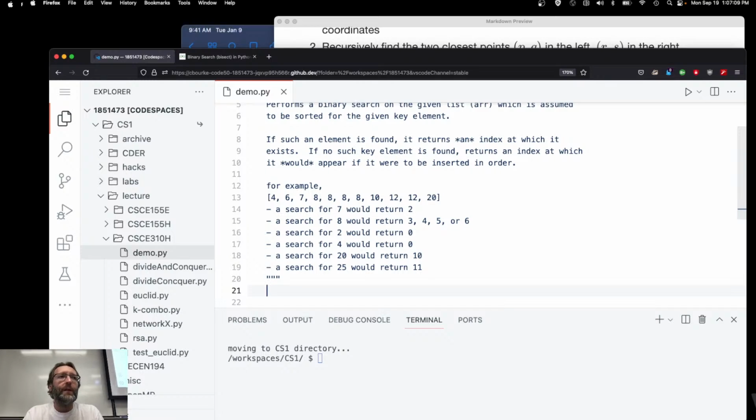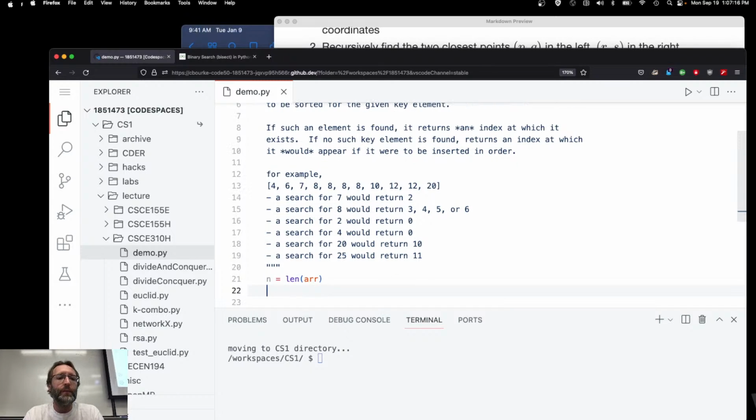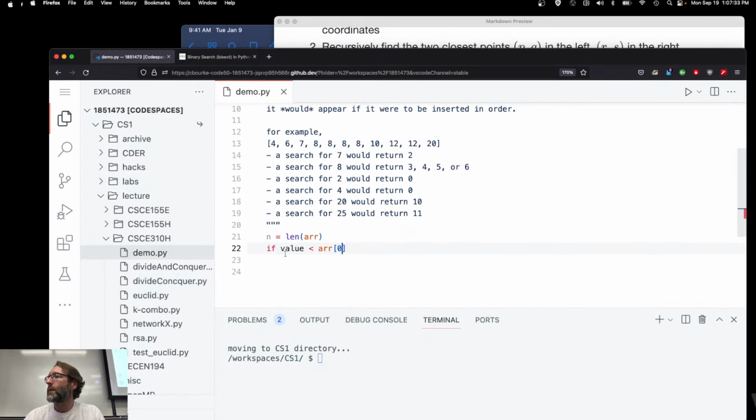Okay. So first of all, for convenience, let's declare a variable n here, which is the length of the array or the list. Let's take care of those edge cases first: something that's not in there on the left side, something that's not in there on the right side. So if the key is less than the first element, what should I return? 0.